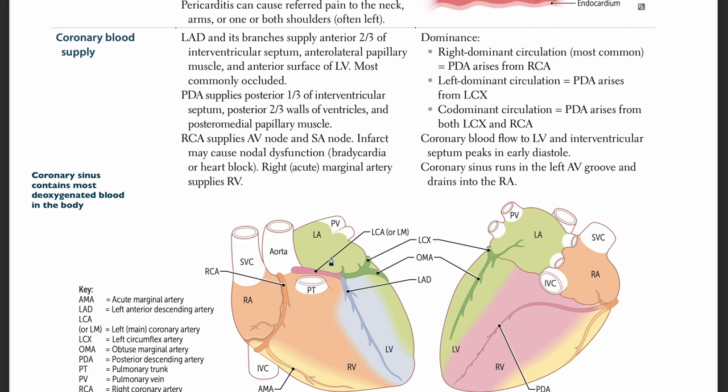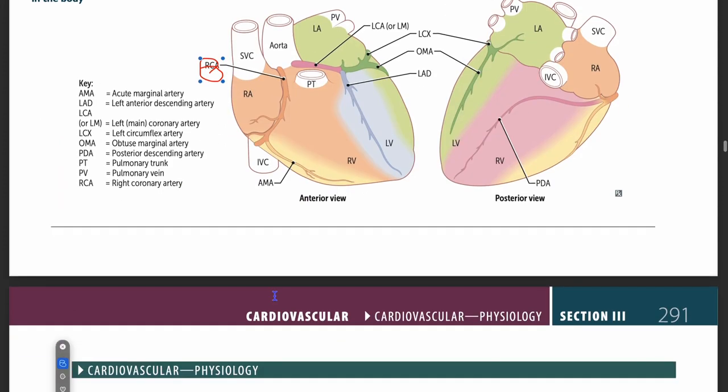The posterior descending artery does the posterior side of the interventricular septum, 1/3 of it, the posterior wall of the ventricles, 2/3 of it, and the posteromedial papillary muscles, right? And then you have the right coronary artery, the most important one, which supplies the AV and SA node. Infarct may cause nodal dysfunction, bradycardia, heart block, and then you have the right acute marginal artery supplying the right ventricle.